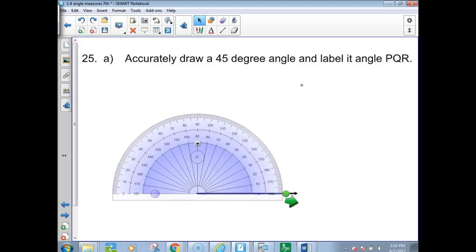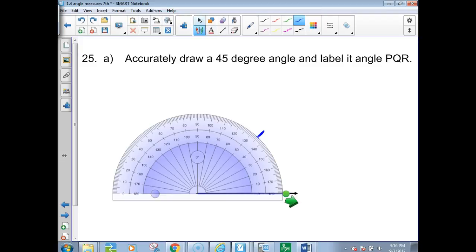All right, now where would the 45 be if I'm looking for reading from this side? So, Takasha, if I'm reading from the right side, I read the inside numbers. If you have your arrow pointing this way, you're going to read the outside numbers. All you do is you go out here and you make a mark at 45. Okay, then grab your straight edge. I made a mark right there at 45. Okay, I went 10, 20, 30, 40, and halfway.